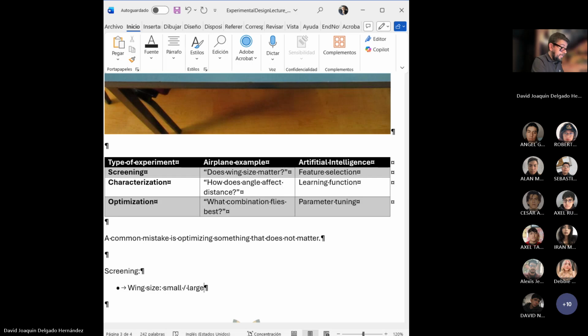Okay, that would be two different values. This variable can assume two different values, small and large. Okay. What about the launch angle? The launch angle could have, again, if it is not quantitative but qualitative, I can have low angle and high angle, okay?